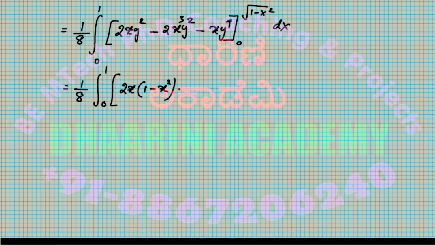Then I have minus 2x cube already present. Y square is 1 minus x square, right? Minus x as it is. There is a y to the power 4, so that is 1 minus x square, which is y square, its square, dx.